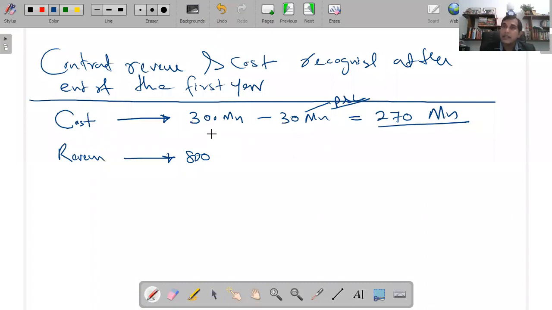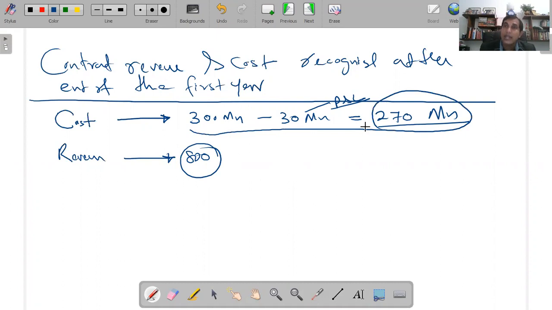Now you need to see the progress, the performance satisfaction at the end of the first year. You cannot recognize the entire 800, because this 800 is for 3 years. That is the total revenue. So you are going to recognize the revenue based on the input. Now the input is 270, out of 650 total cost.